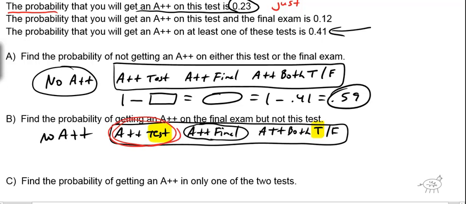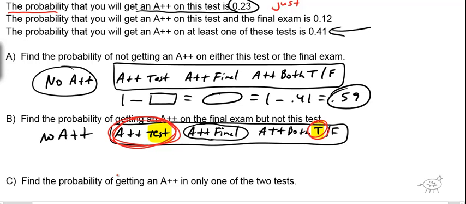Okay? But because I'm saying, hey, what's the probability to get an A++ on this test is 0.23, not just this test, I'm referring to this one and this one. I'm referring to both of them. So it just happens to be both. It's included with the final exam, and it's also the one individually for the test. So here's the deal. If I take my rectangle again, let me draw this out here.